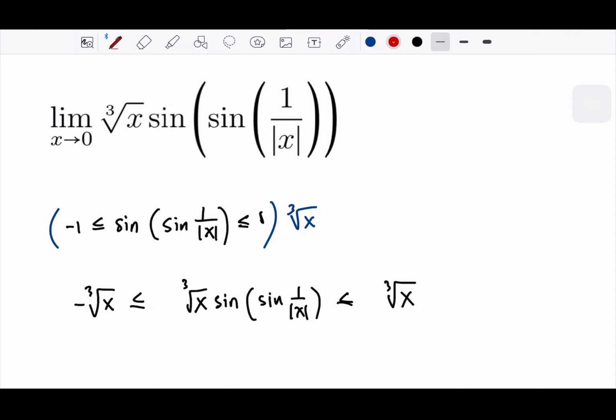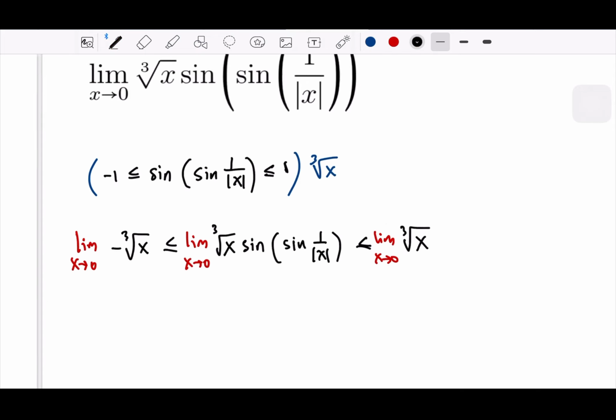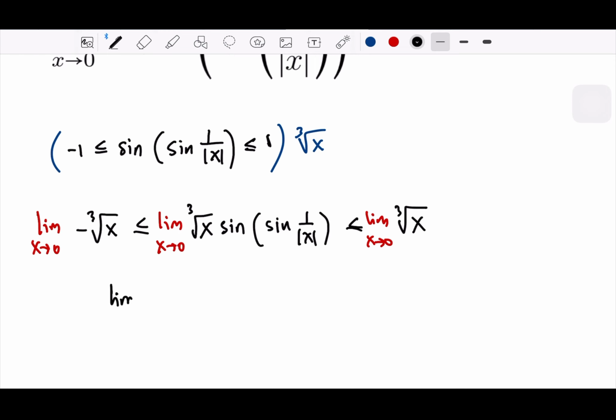Okay, and then we take the limit as x goes to 0. And we are going to have our limit.